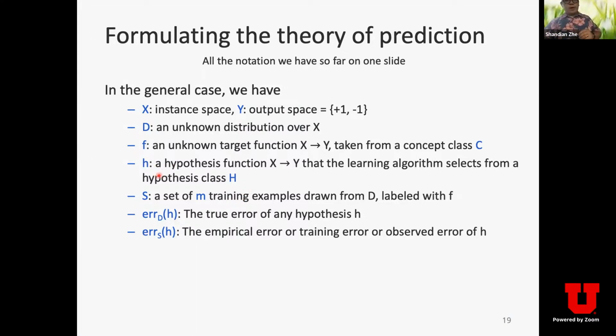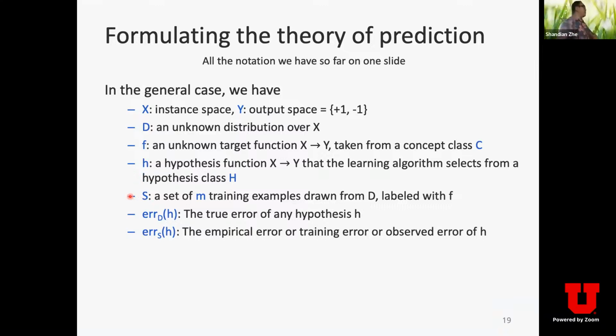We expect that our learning algorithm will be guided by the training data to search over the hypothesis space H. Then we find a hypothesis in H, which is also a mapping from X to Y. We hope that our learned hypothesis h is a good approximation to the underlying target function f. That's our basic principle.